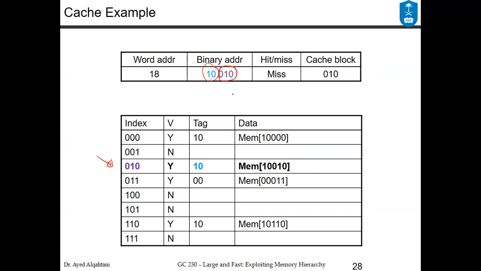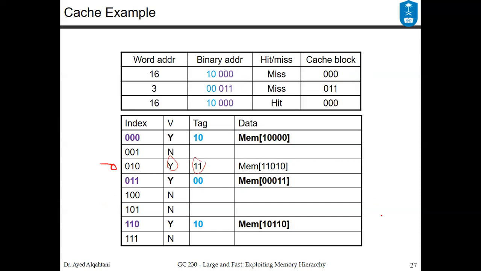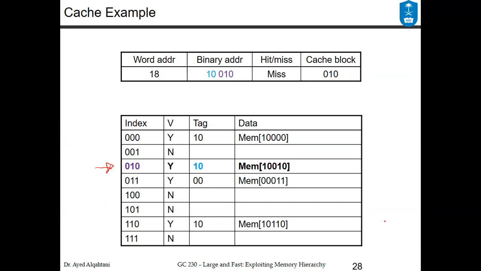You get the new data of this address, store it here, and then get the tag and put it right there. And so on. So this tells you that sometimes you have the same location, but they have different tags, and this is by comparing slide 27 and slide 28.